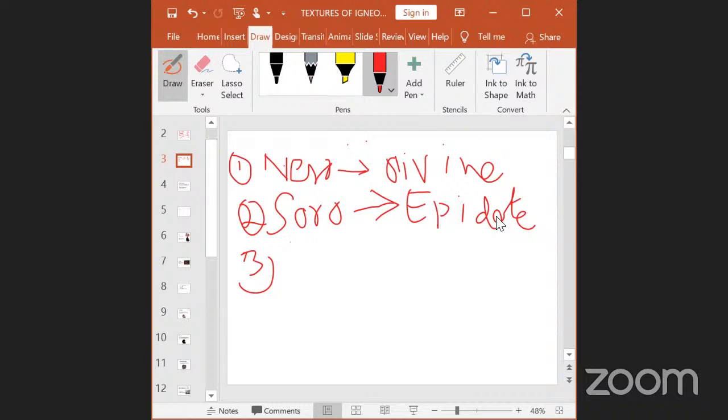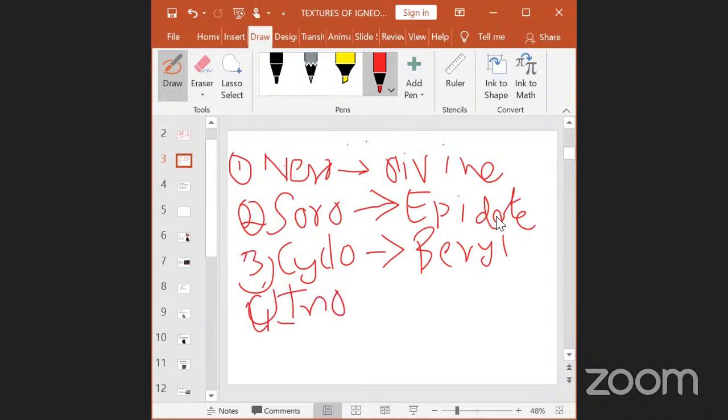An example is beryl. The fourth one is inosilicates. Examples are enstatite and also anthophyllite.